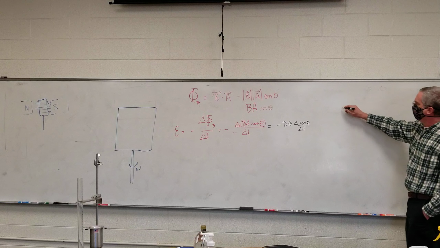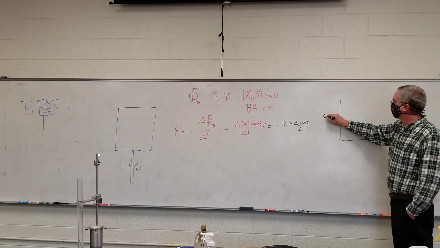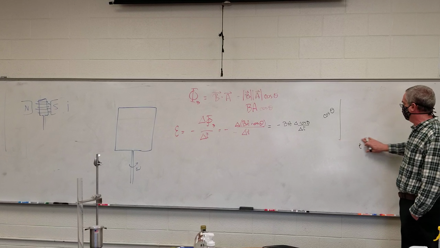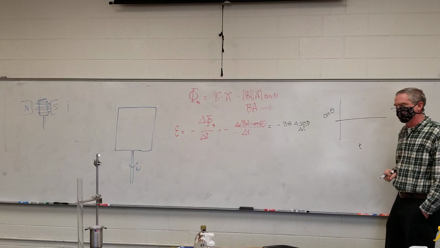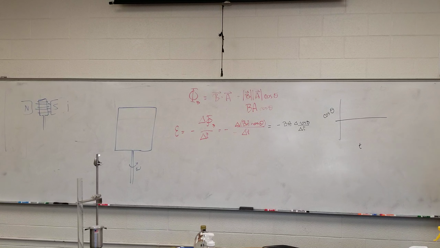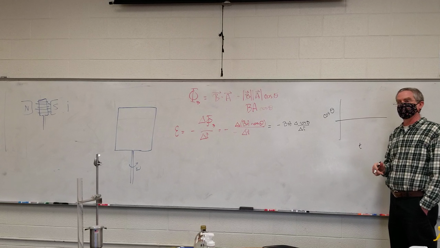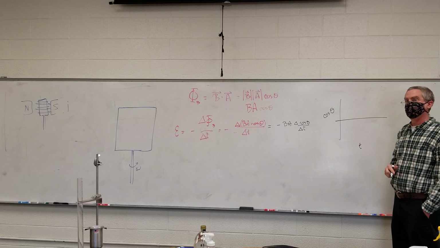If I plotted cosine of theta against time, what does that function look like? Think of the unit circle.